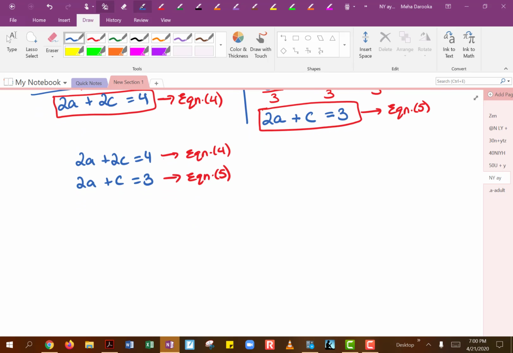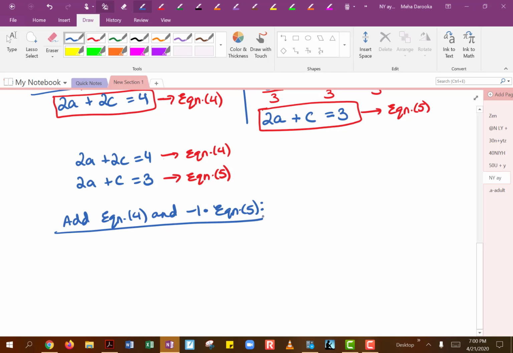So what I am actually going to do is add equation 4 with -1 times equation 5. What I'm trying to do is make this 2a on equation 5 a negative 2a, so that I can go ahead and cancel out my a terms and basically come up with the value for c.